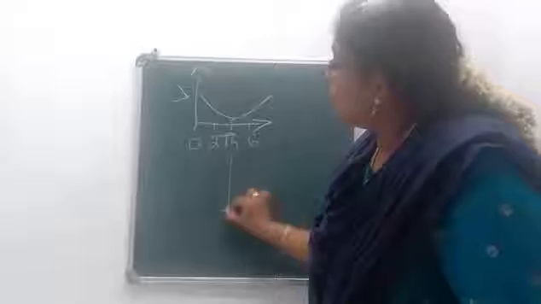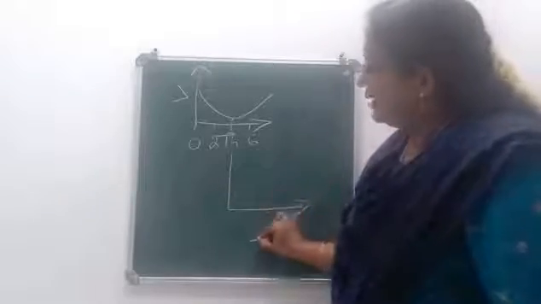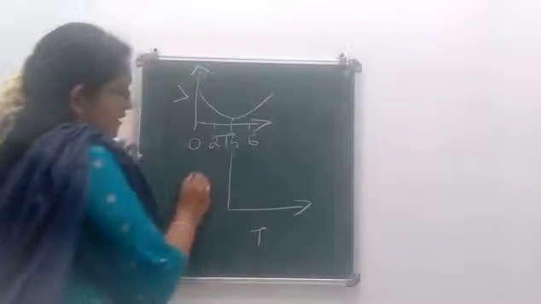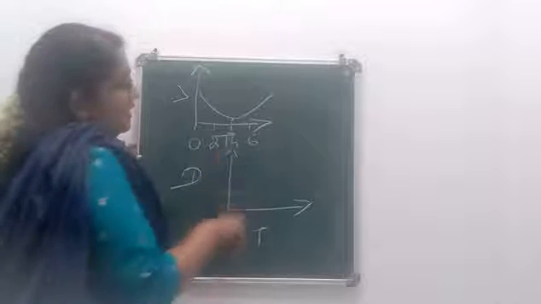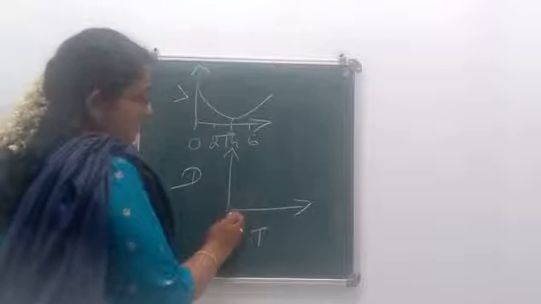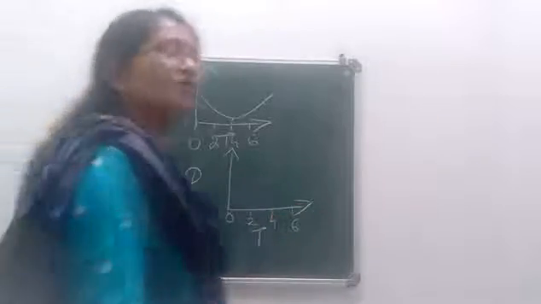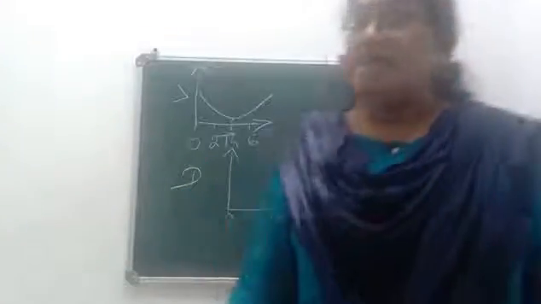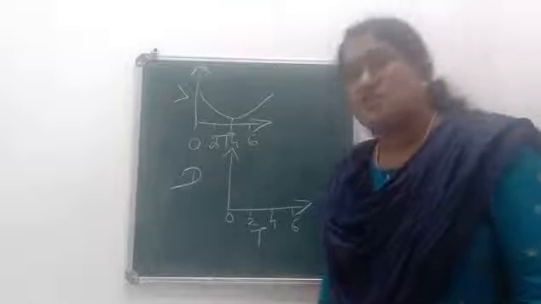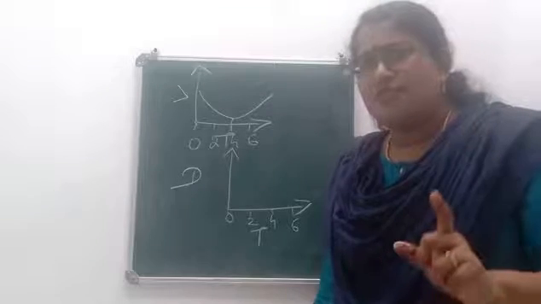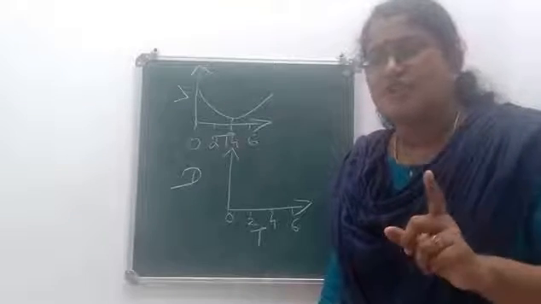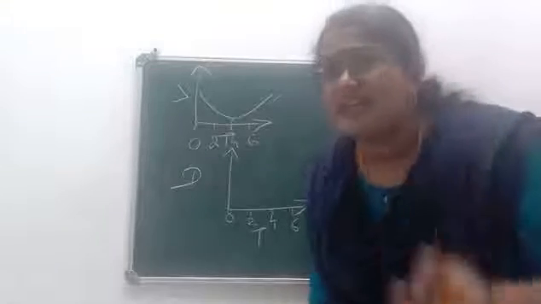Now one more graph is there. Here we have taken same temperature, but here it will be density. Okay, temperature and density. Here also let me mark 0, 2, 4, 6, etc. Now what happens to the density when water at 0 degrees Celsius is heated? When water at 0 degrees Celsius is heated, instead of expanding, it will be contracting, isn't it?